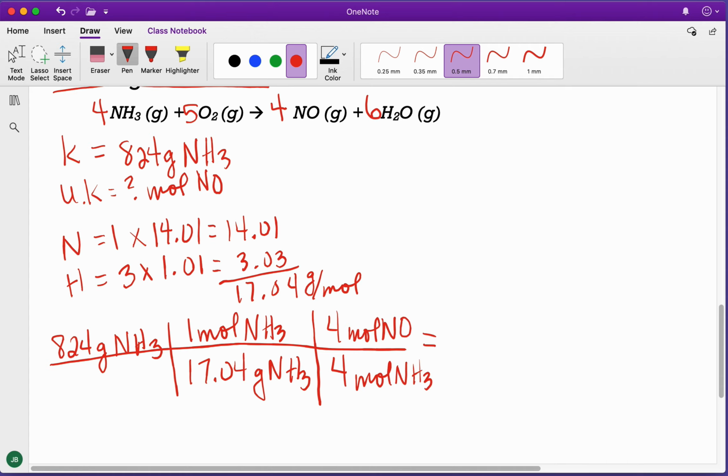So if we have 4 over 4, they cancel each other out. So that in the end, this problem just becomes 824 divided by 17.04. So when you put that into your calculator, you should come up with 48.35 and lots of other numbers. Putting it in proper sig figs, though, we are going to get a final answer of 48.4 moles of nitrogen monoxide.